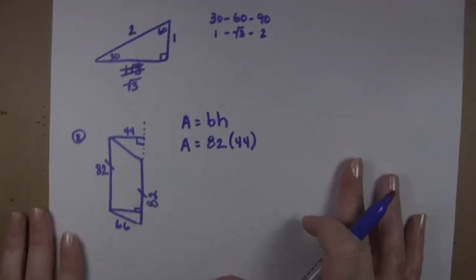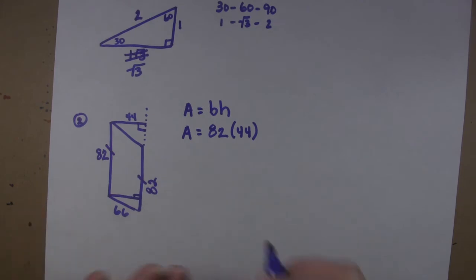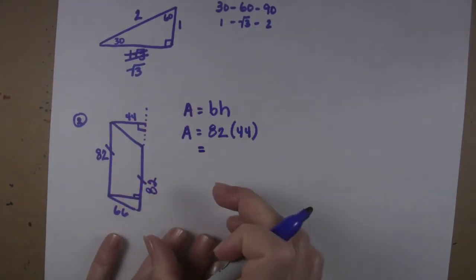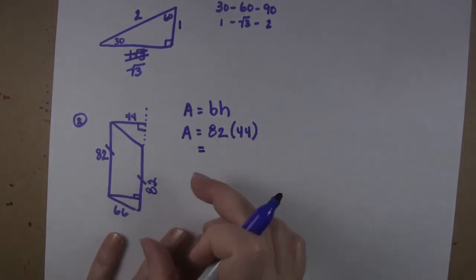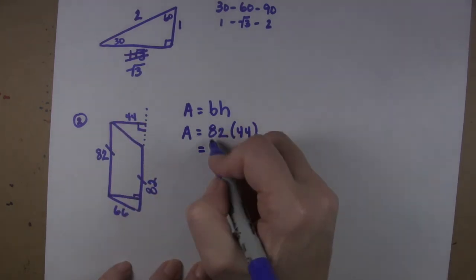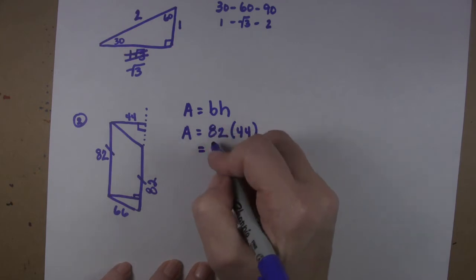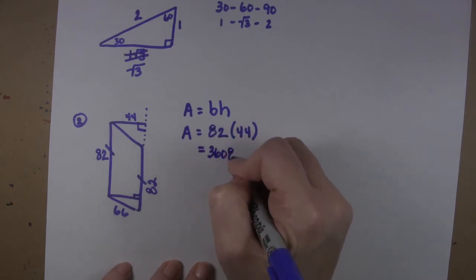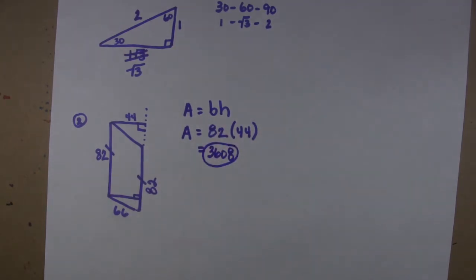So we only need 2 of these numbers. We need the base times the height. Again, the trick: turn your figure so that your height is vertical, going up and down. So anyway, you do this math and you get 3608 for your area for this particular figure.